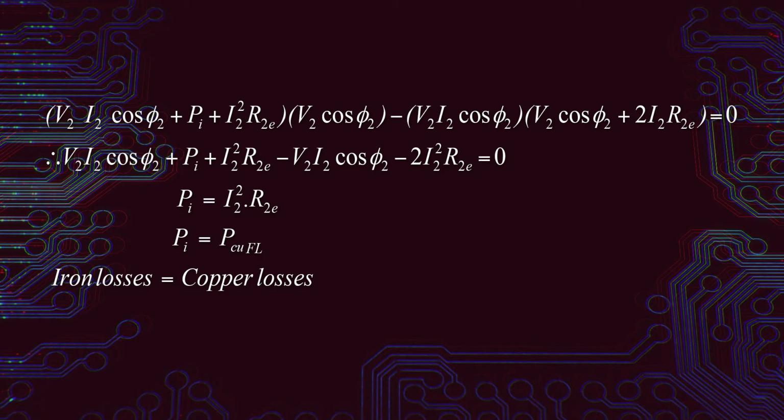After solving, you can find that the iron losses are equal to the copper losses, or you can say Pi is equal to I2 square R2E, where I2 square R2E is nothing but the copper losses at full load. So for maximum efficiency, the condition we get is that iron losses are equal to the copper losses, or you can say Pi is equal to PCU at full load.